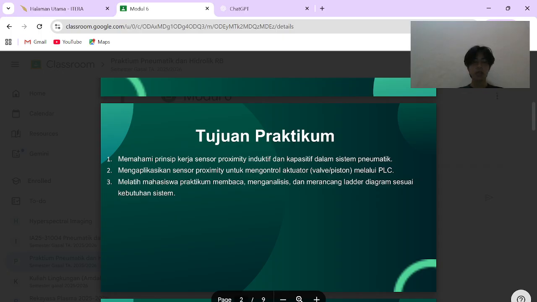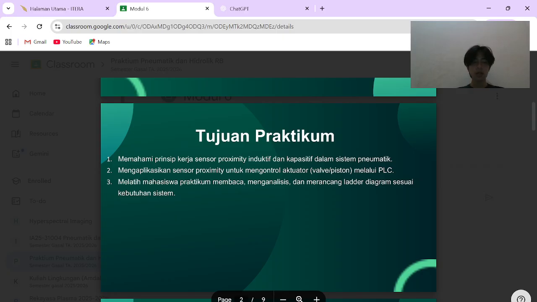The second objective emphasizes application. It means we are going to use these sensors as real input in a control system. The sensor sends a signal to the PLC, and the PLC then controls an actuator. This shows how automation works in factories.